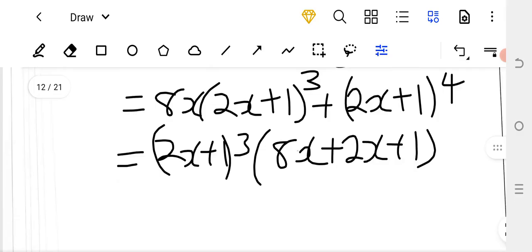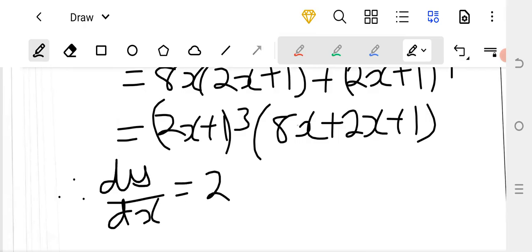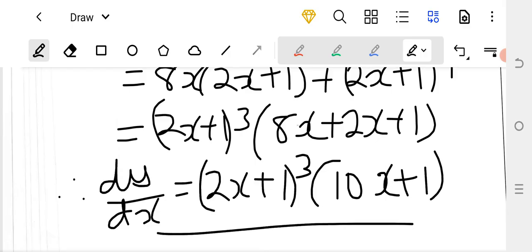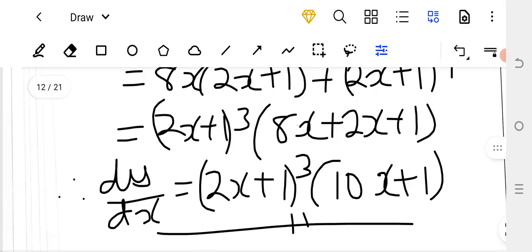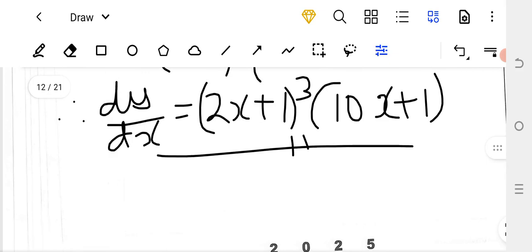We simplify and say, therefore, dy/dx is equal to (2x plus 1) raised to the power 3 multiplied by (10x plus 1) as your final answer for your dy/dx. So that's it for that question.